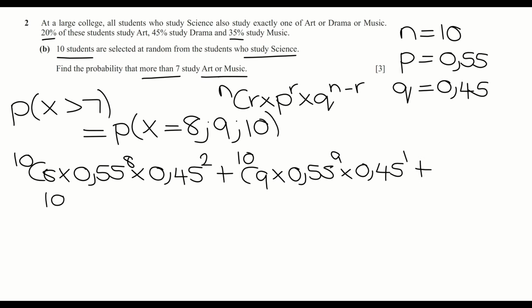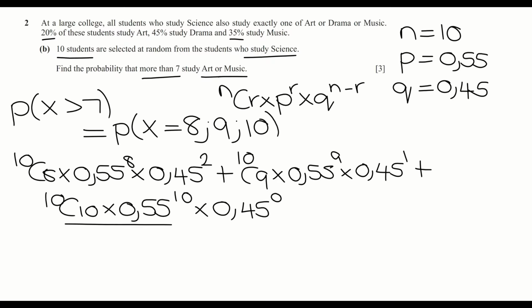We have 10C10 multiplied by 0.55 with an exponent of 10 multiplied by 0.45 with an exponent of 0. When any value has an exponent of 0, it is 1. So when we multiply these values by 1, we don't need to consider it. So I'm going to scratch this out.